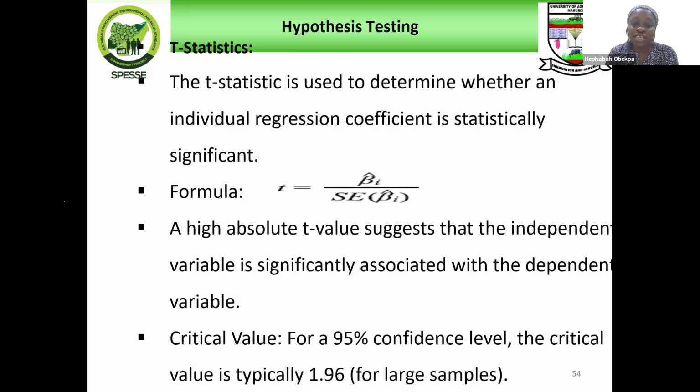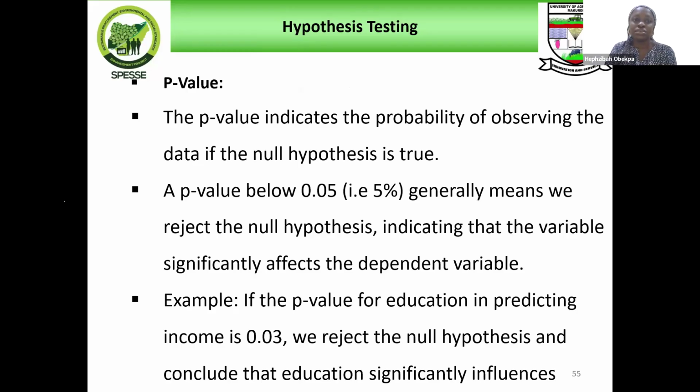The critical value for a 95% confidence level is typically 1.96 for a large sample. 2.56 indicates significance at the 1% level. Again, don't bother. When I go to the practical results and you don't understand, we can come back to explain these things.